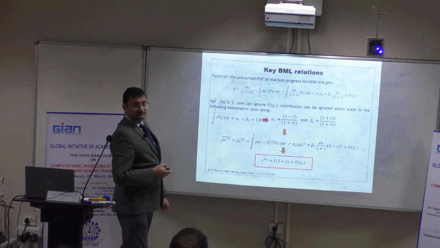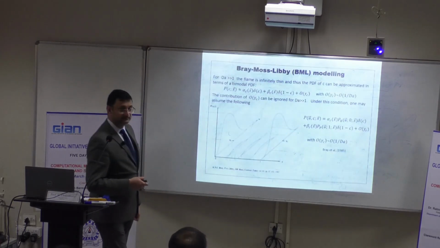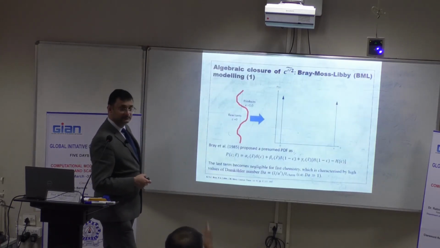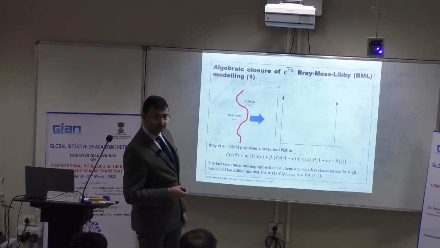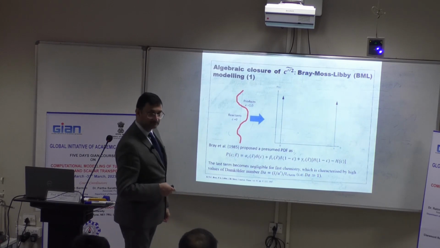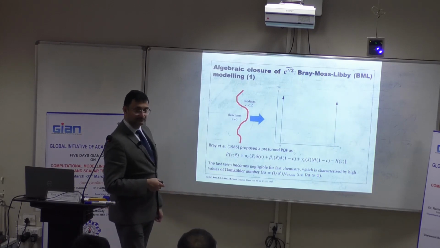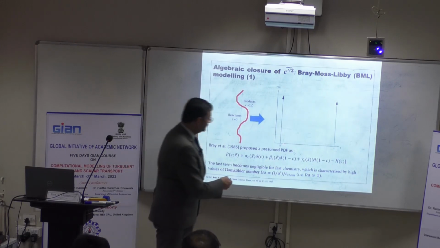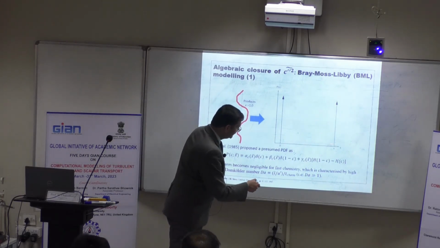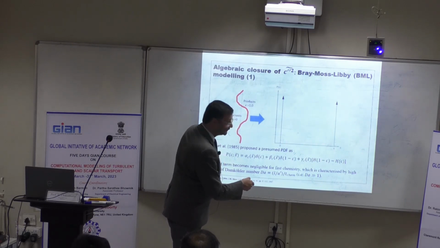If you look at the previous slide, the plane flame front is shown like this, and then you are taking a sampling line through it. Some portion is C equal to 0, where the reaction has not started yet, and some portion where the reaction has already started. This line is between C equal to 0 and C equal to 1.